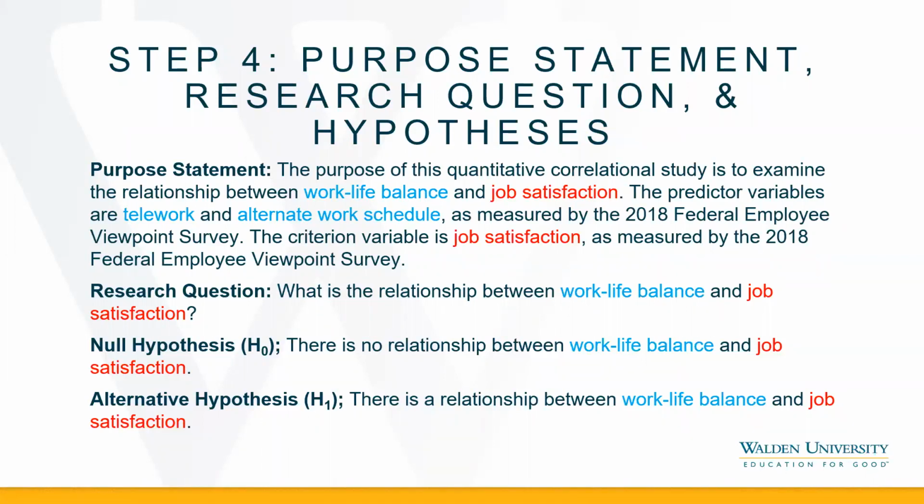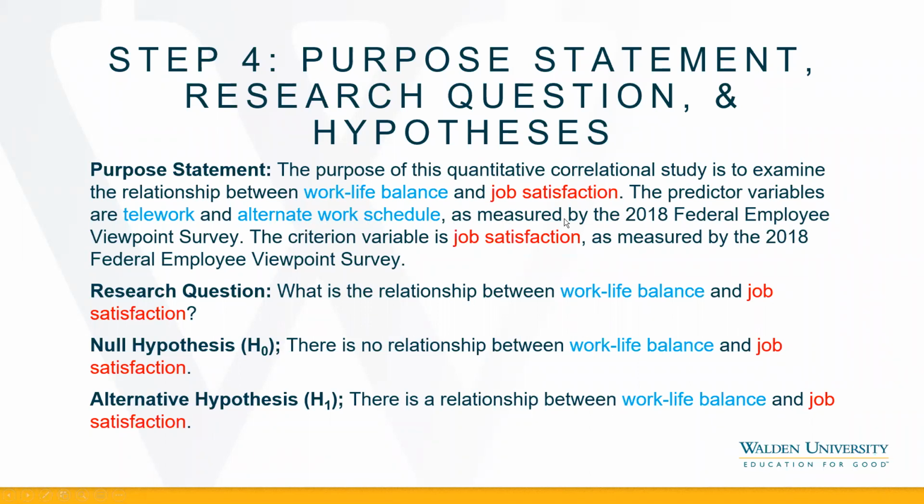Now write the questions. As you can see, the purpose statement of this quantitative correlation study is to examine the relationship between work-life balance, which we know is in this data set and is our predictor, and job satisfaction, which is our dependent variable. We can even go specifically to the predictor variables, telework and alternate work schedule, because we have seen that these variables are in the data set.